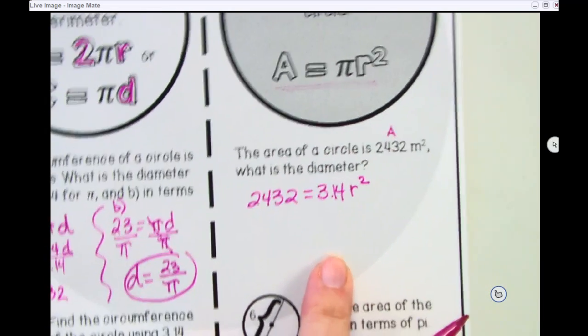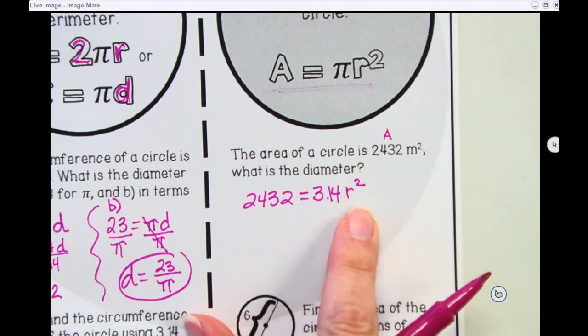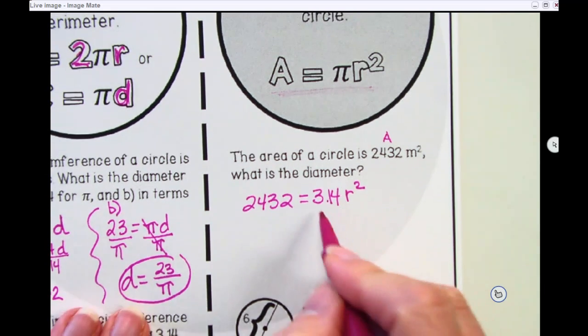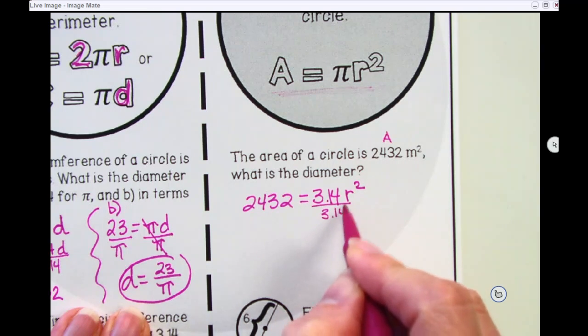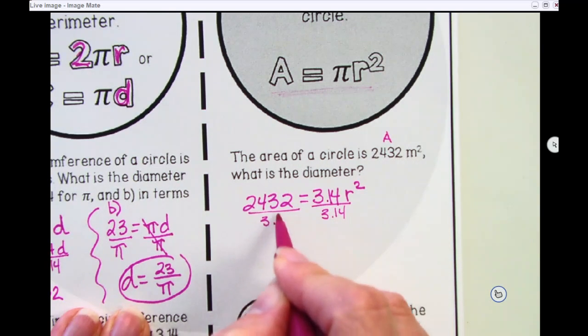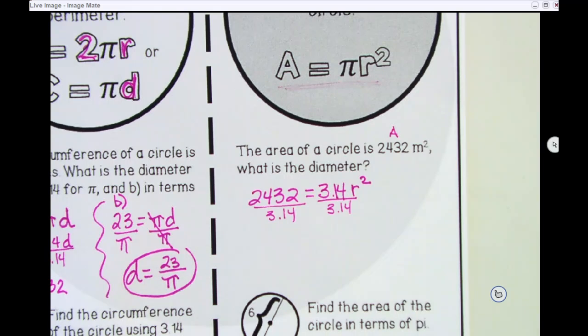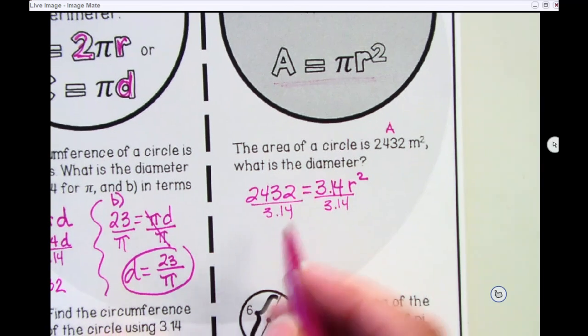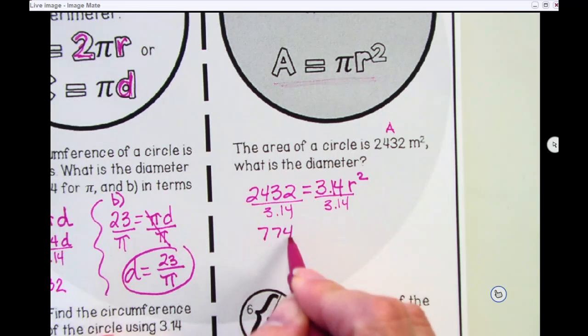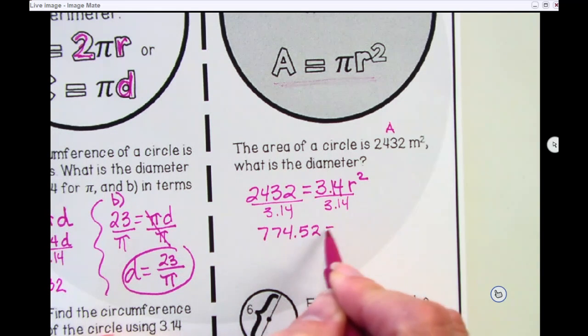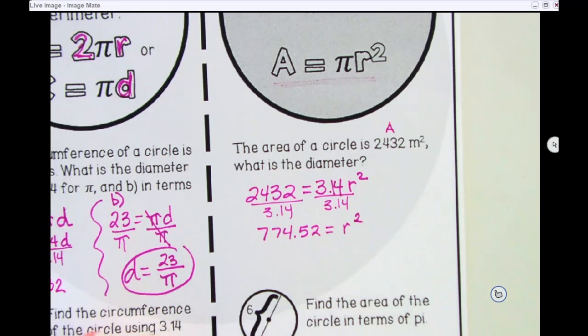Okay, this is going to have a couple of algebra steps. What do I need to do to get the r squared alone? Divide by 3.14. And I get 774.52 equals r squared.